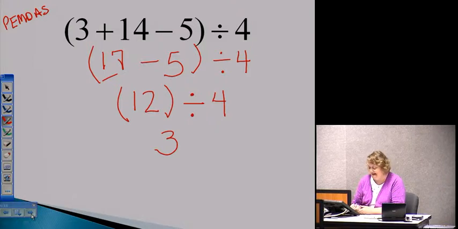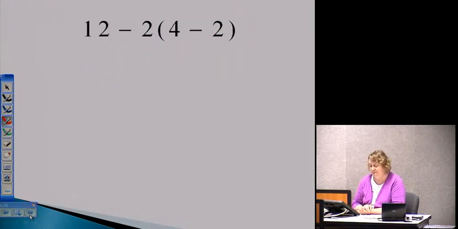Let's look at the next example. In this problem, we have 12 minus 2 times 4 minus 2 in parentheses. Now you notice I said times, even though there's not a times symbol there. Anytime we have a number like the 2 next to a parentheses, it implies a multiplication.